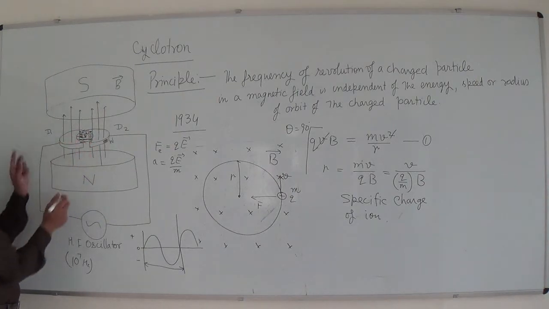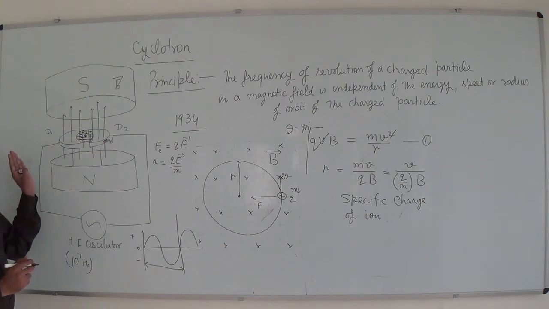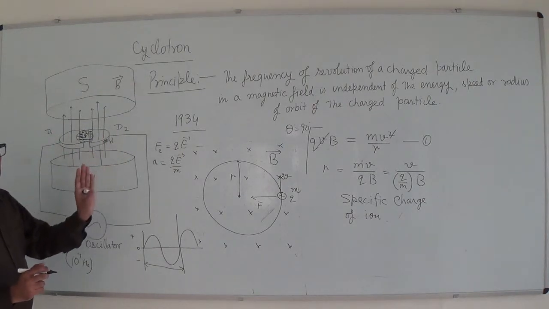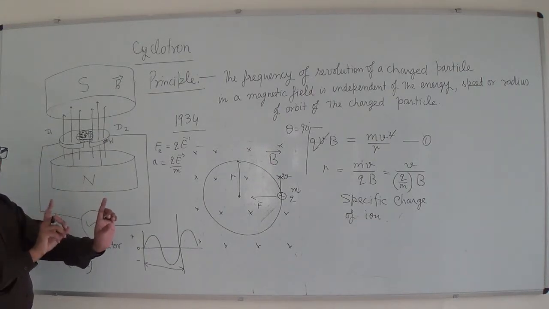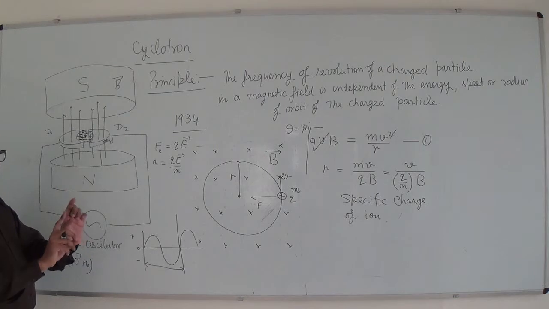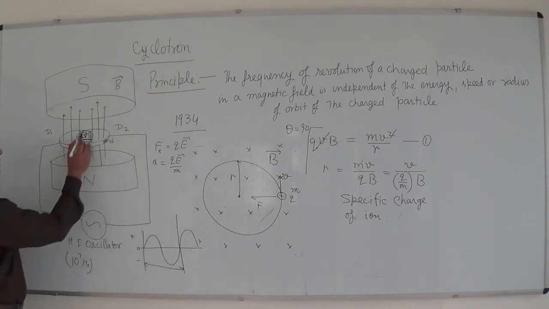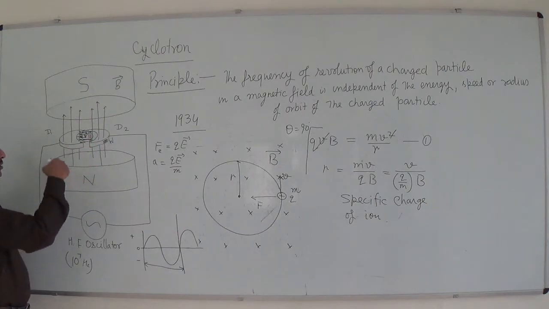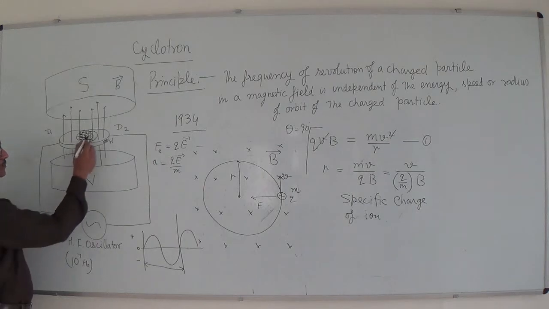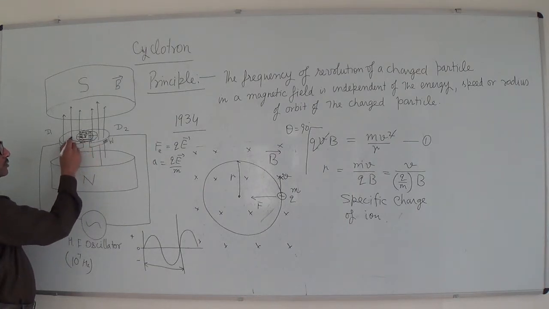So the electric field direction will be from D1 to D2, and as a result this ion travels through the space and gets accelerated. Again the kinetic energy increases, and hence a bigger semicircle, and the process continues.